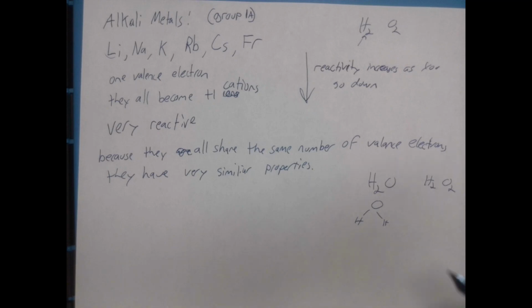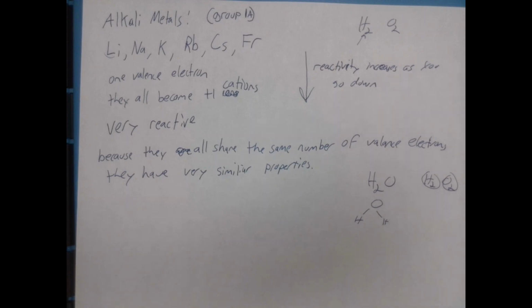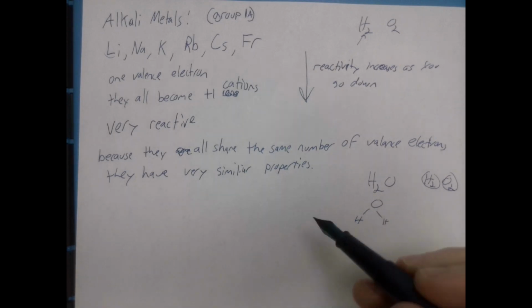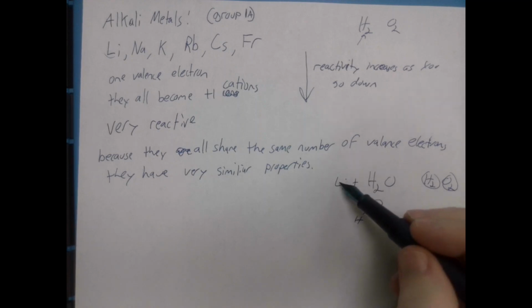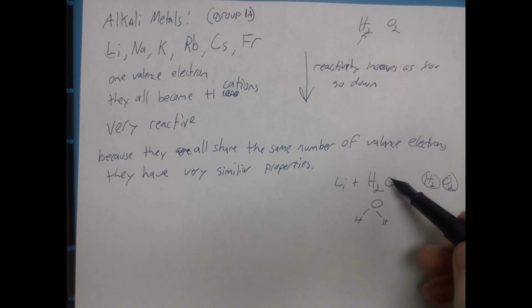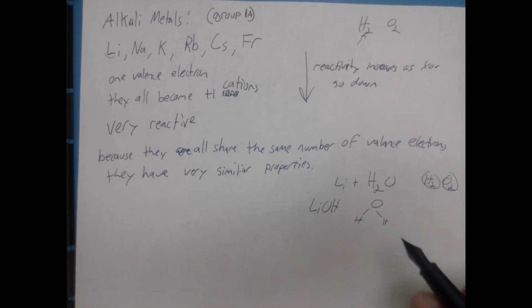When I say stable, I mean this has less energy being separated. Hydrogen, yeah. I know oxygen's very stable. So if you mix lithium with this, lithium is going to want to react and form lithium hydroxide, and some hydrogen gas will be produced.